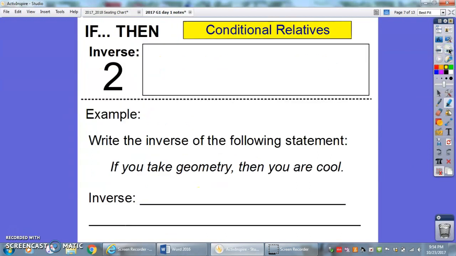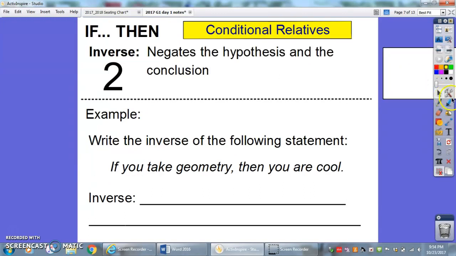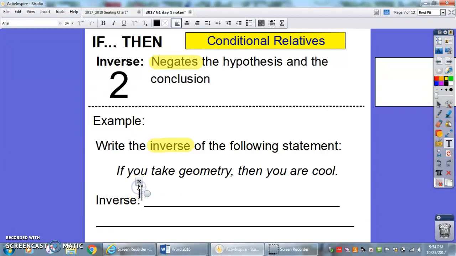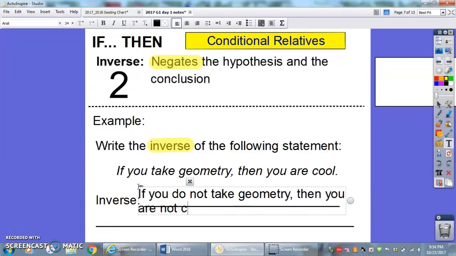Now we can learn the last two relatives. Your inverse will negate the hypothesis and conclusion. So we're going to negate my sentence here: if you do not take geometry, then you are not cool. That's all I had to do, was negate it.